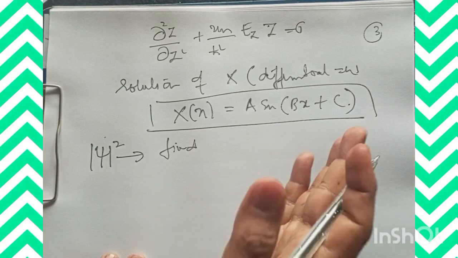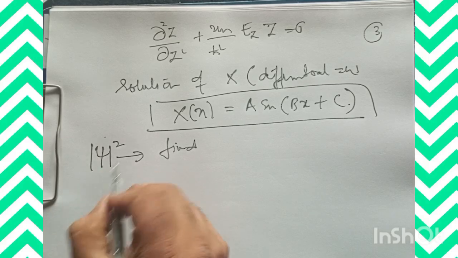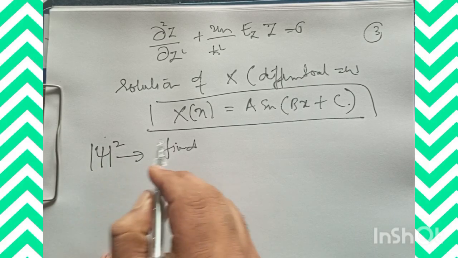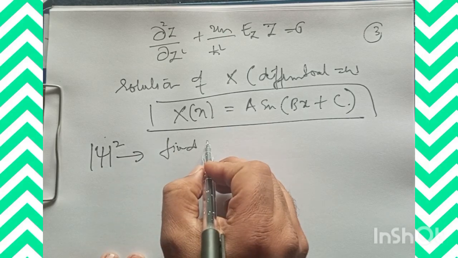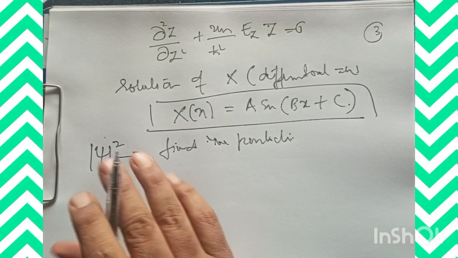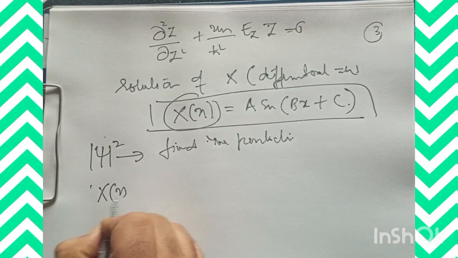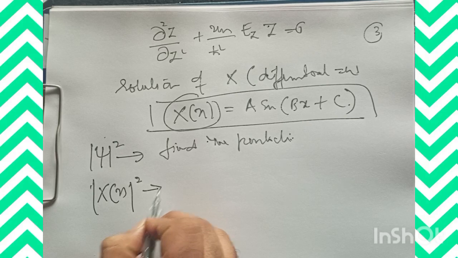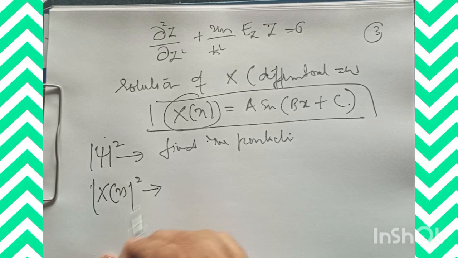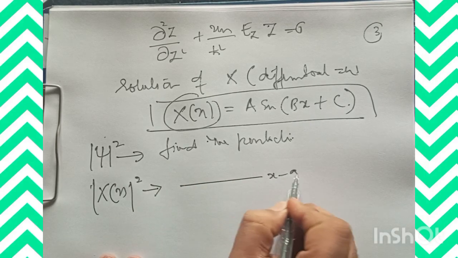Because in our case, we have a particle that's going along x, y, or z. So here, this psi square will give us the probability of finding the particle at any point within this box. Therefore, the square of the magnitude of this X of x, which is a function of the x coordinate only, represents the probability of finding the particle at any point along this x-axis.